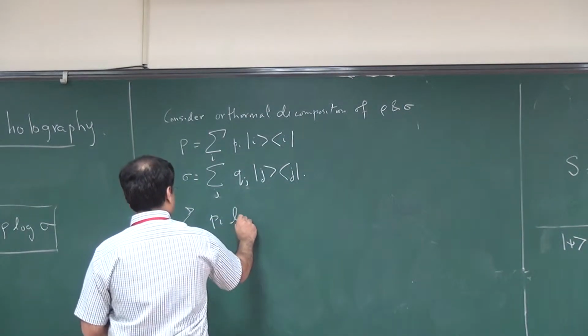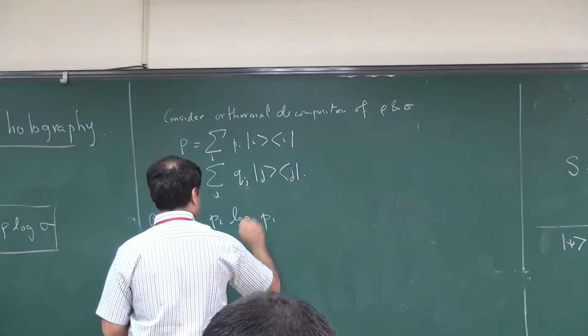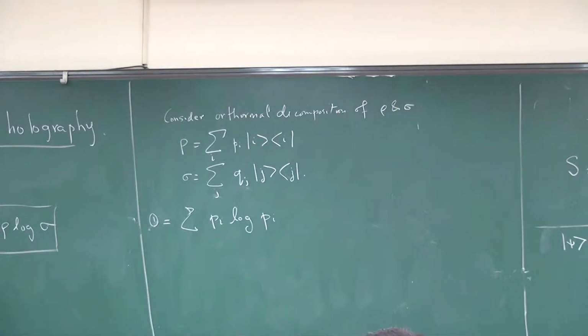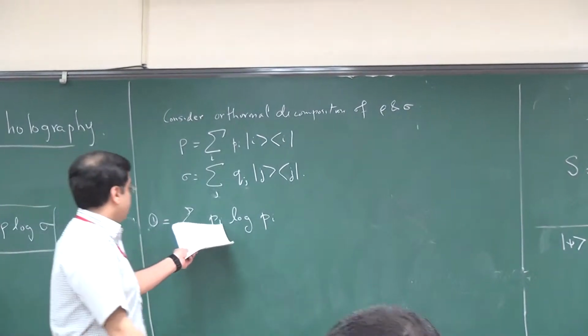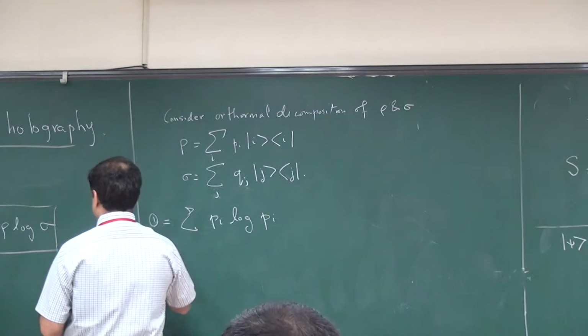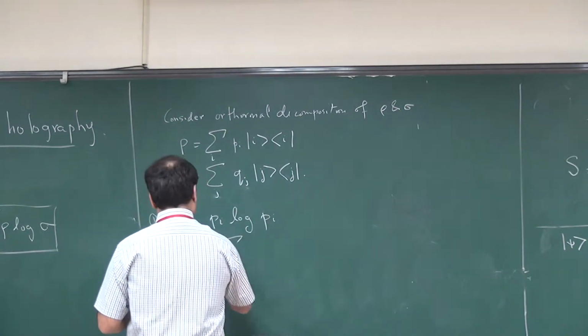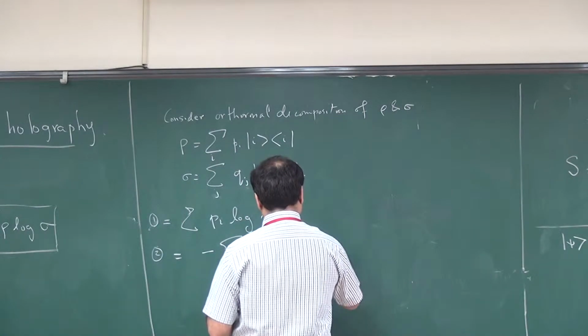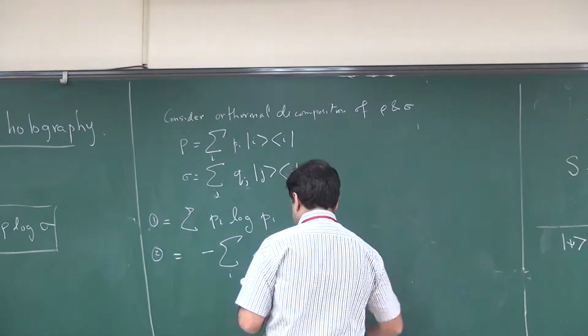The first term is p_i log p_i. I'm tracing, so trace means I'm writing down the expression for the operators and I'm putting i's on both sides and summing over all the i's. That's how I get p_i log p_i. The second term is minus summation over i of <i| rho log sigma |i>.